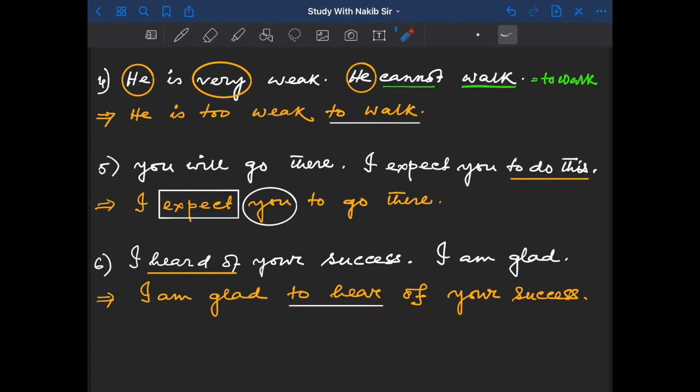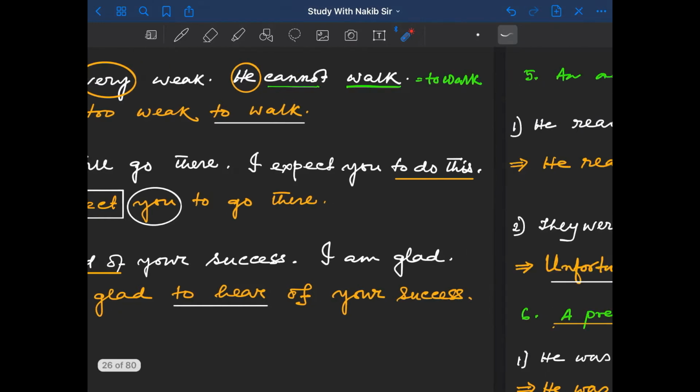I also request you in this context, remember this syntax, remember this structure. If you keep this structure in your memory, it will help you in the exam hall if you get this type of two sentences for your joining in the question paper. Okay, now go to the next part and see.